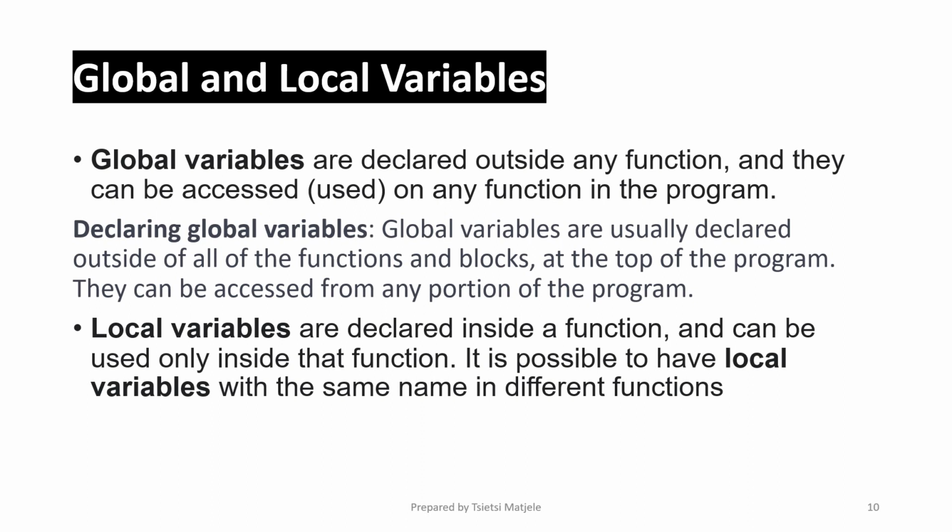When they are like that, they are local variables. They are declared locally within each function. So they cannot be accessed by any function apart from the function in which they are declared. I hope that is clear.